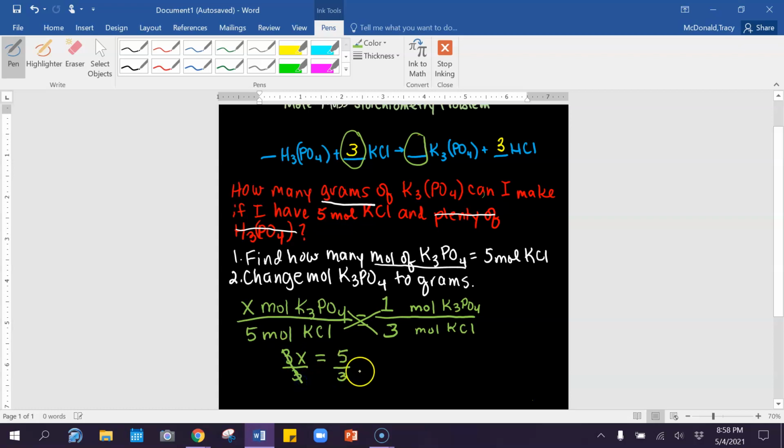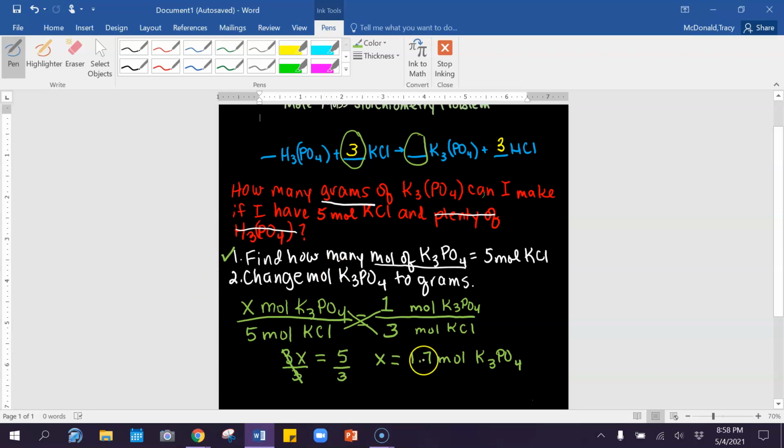My 3's cancel out, and x is 5 divided by 3, or 1.7 moles of K3PO4. Now I'm not going to circle that because that's not my answer. We just did step number 1 in my plan of attack here.